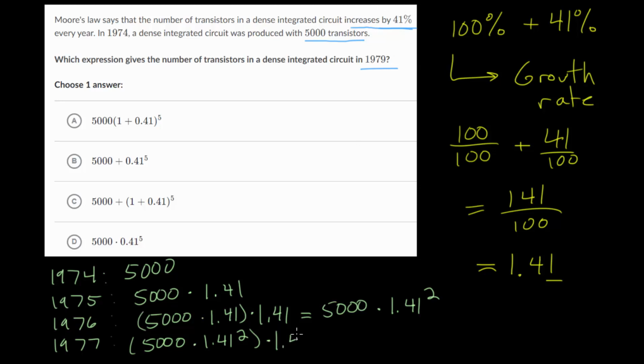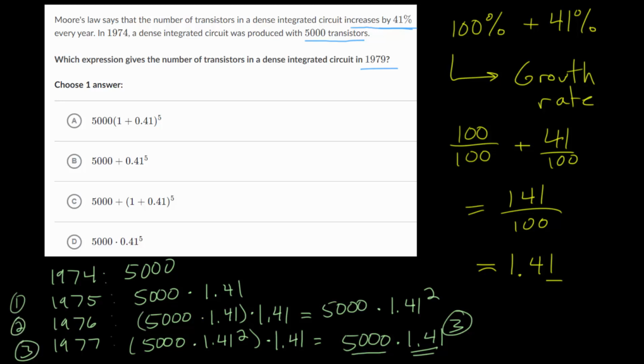So we multiply again by 1.41, and we can rewrite this as 5,000 times 1.41 to the third. So like we looked at in the previous problem, the general expression is that you take your initial amount and multiply it by that growth rate, whatever the amount of time required is. And by 1977, we're looking at 3 years later. This is year 1, year 2, year 3 after we started.